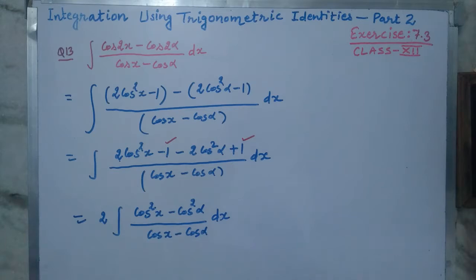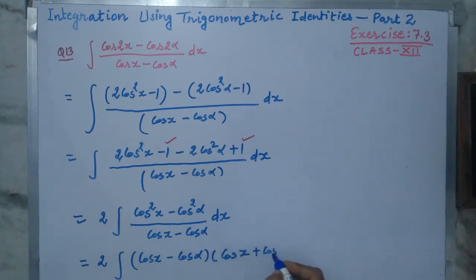So further we write this as 2 times (cos x minus cos alpha) into (cos x plus cos alpha) whole divided by (cos x minus cos alpha) into dx.